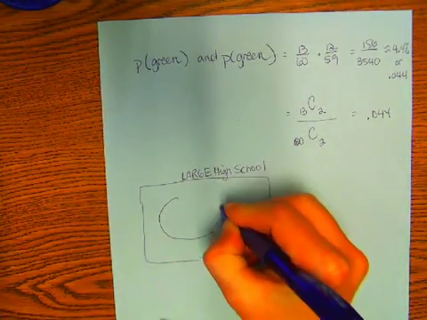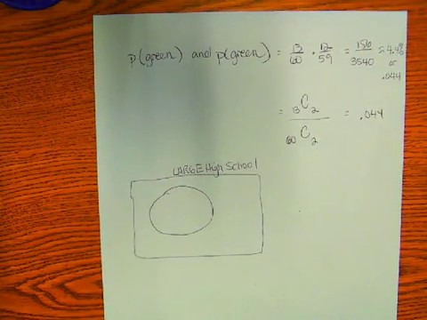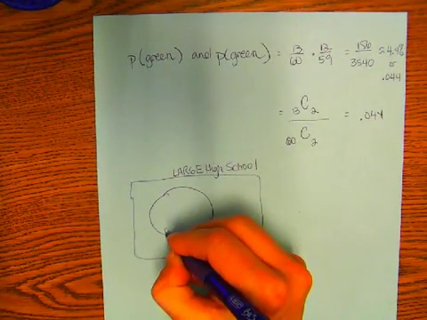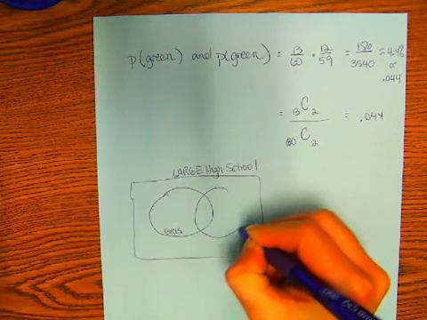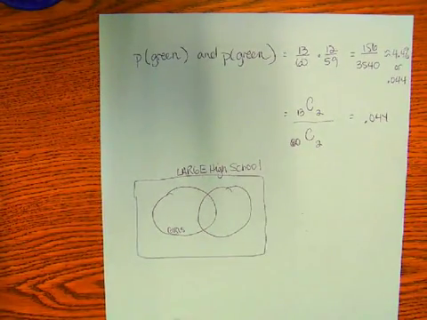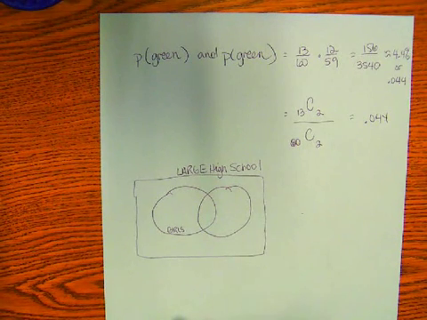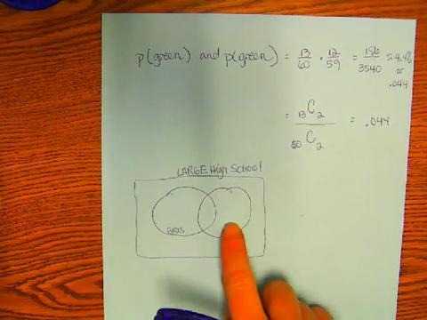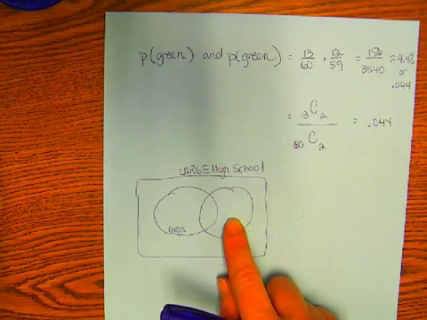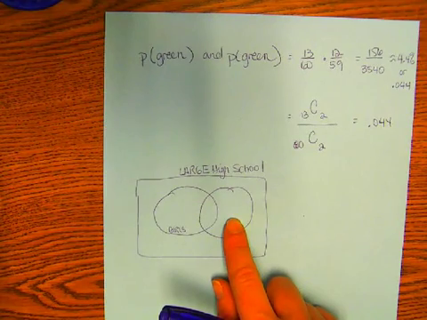So I have one of the circles, that would be girls. What does that imply? But this other circle is not going to be boys. Then it tells you 62% of the students play sports.